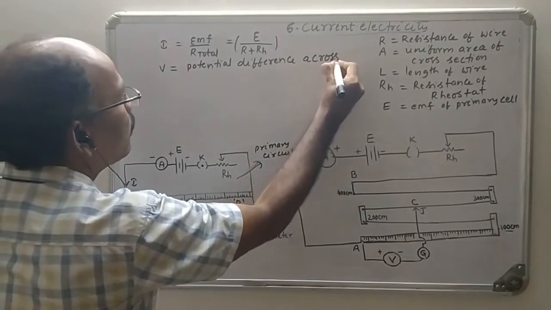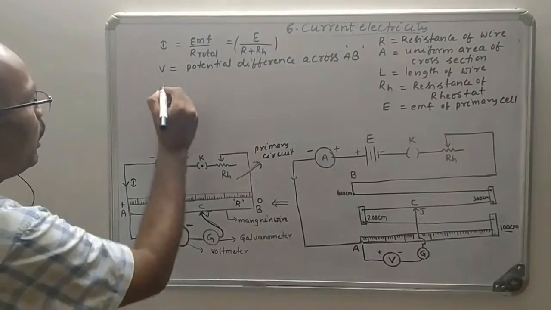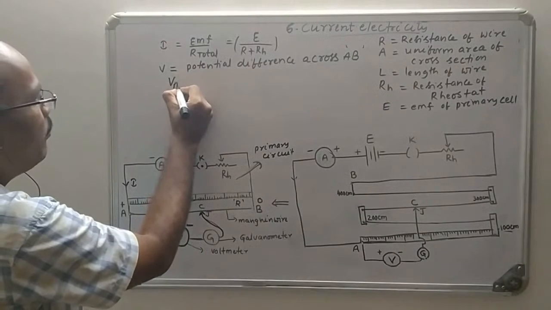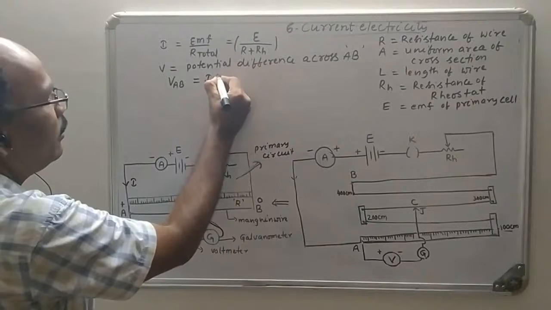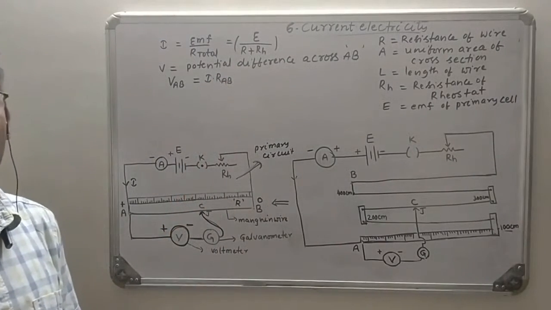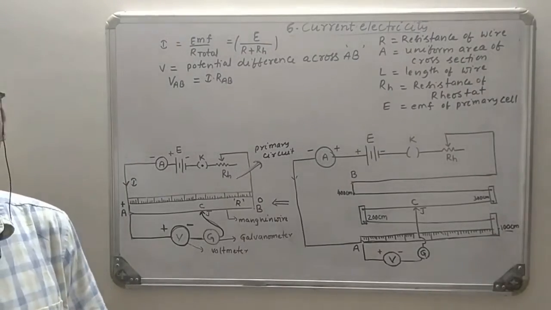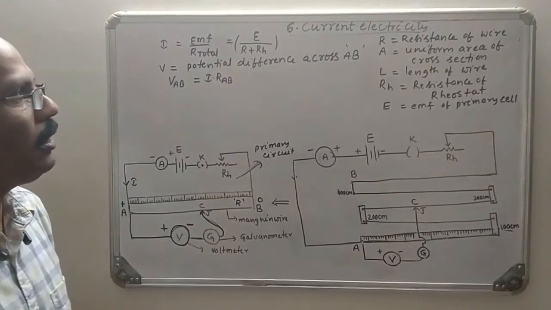across AB. So according to Ohm's law we can write VAB is equal to I into RAB, where RAB is the resistance of the potentiometer wire.